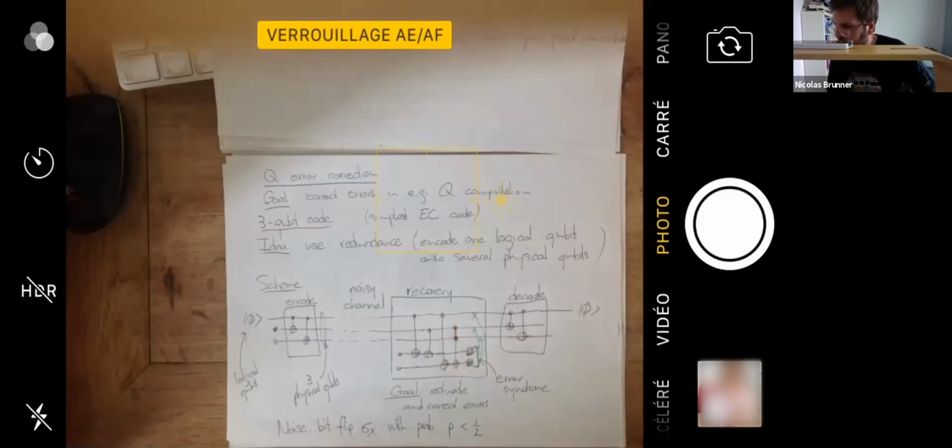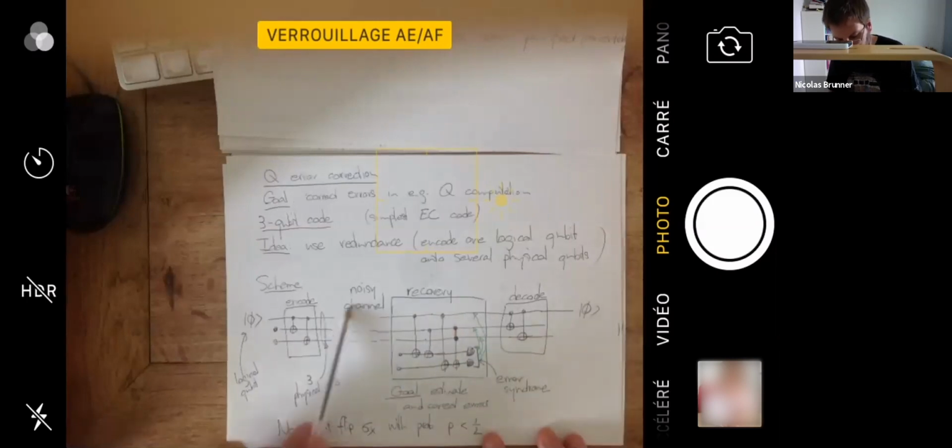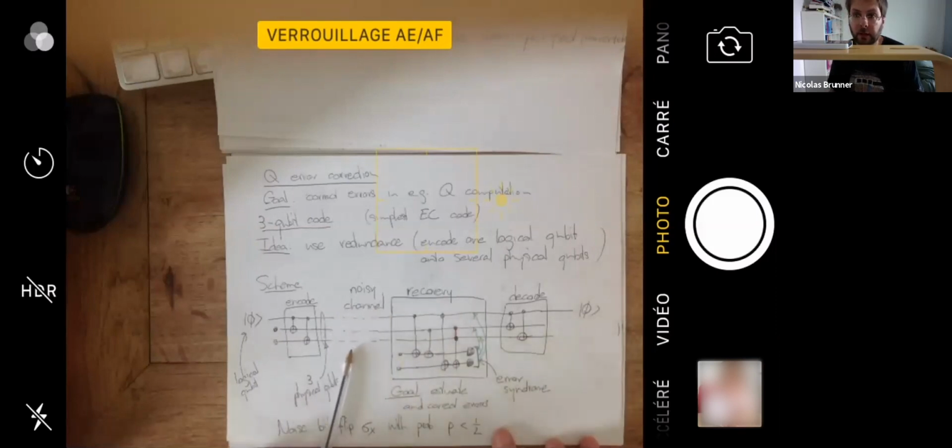Now, the second remark, which is a bit less trivial, is that here we have looked at channels that are bit flips. This is a specific type of error. In general, you could also have channels that do a phase flip. So instead of a sigma x here, it would be a sigma z.